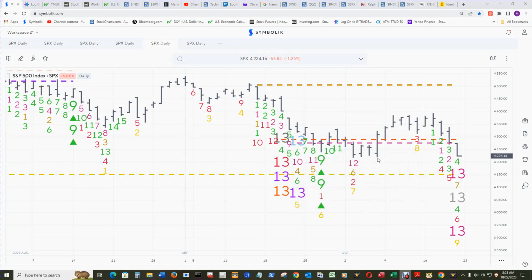So I was expecting to print the 13 and then just head straight up, but now there's a sequential buy countdown 6 here.